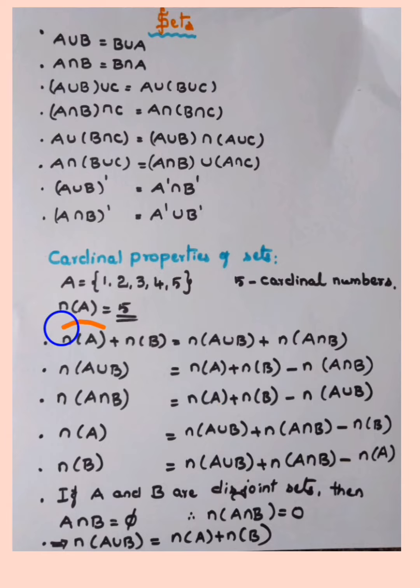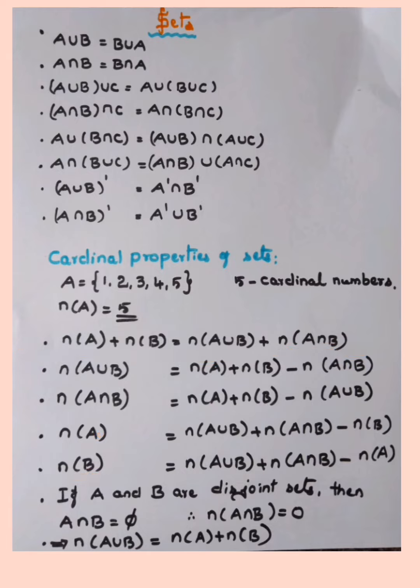If you want only n(A), shift n(B) to the other side. n(A) is equal to n(A union B) plus n(A intersection B) minus n(B). If you want n(B), shift n(A) to the other side.